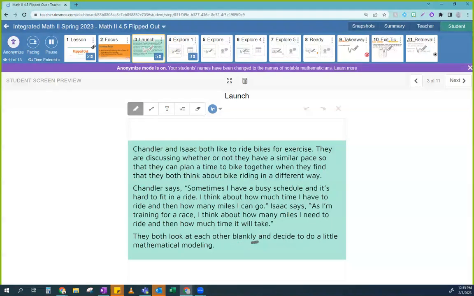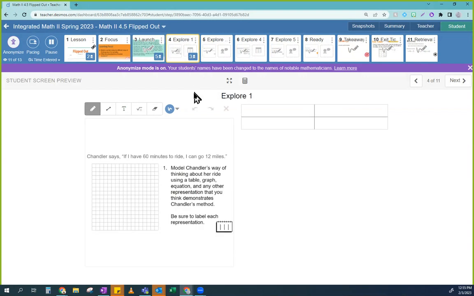So they both look at each other blankly and decide to do a little mathematical modeling. This is what we all do, use math to solve everything, kind of. So Chandler says, if I have 60 minutes to ride, I can go 12 miles.